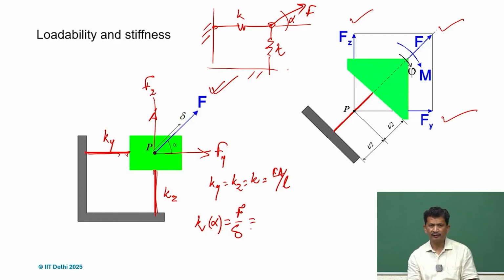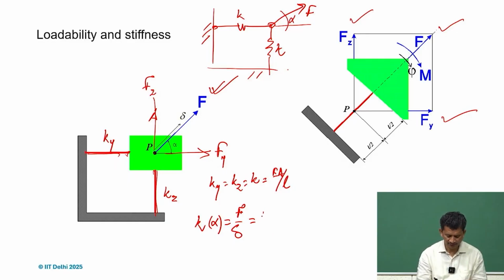What we can easily find out, and we also discussed in the previous part when we were talking about designing for stiffness, is that it is nothing but simply K, the stiffness of the individual elements.